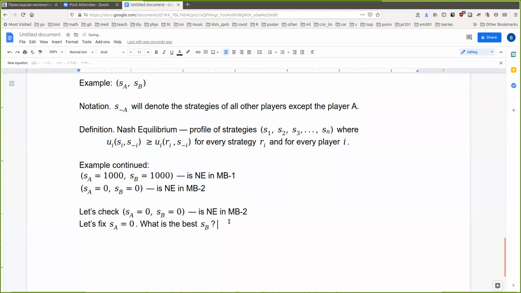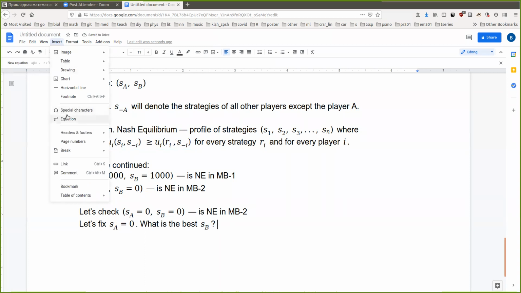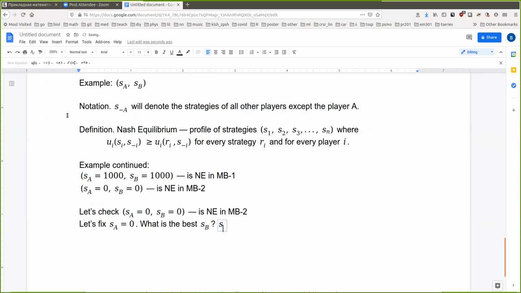For the best S_B, S_B equal to 0. And vice versa. Let's fix S_B equal to 0. What is the best S_A? The best S_A is 0. So basically, 0, 0 is a Nash equilibrium in the game Magic Box 2. Okay, any questions?